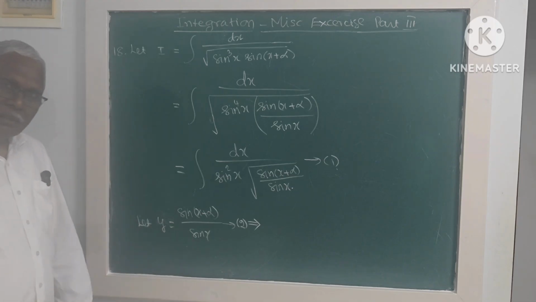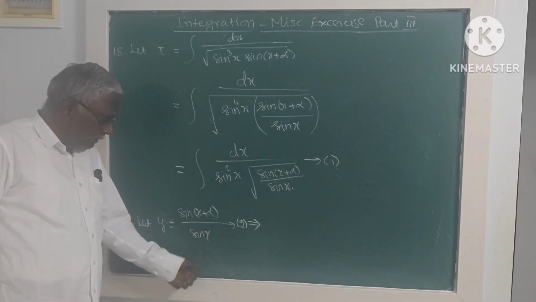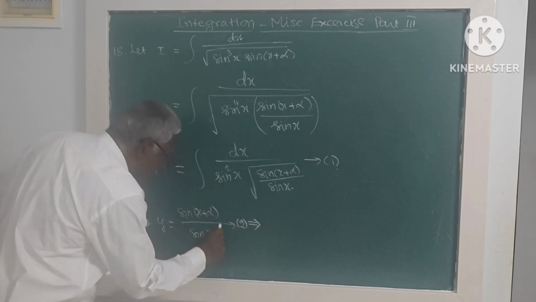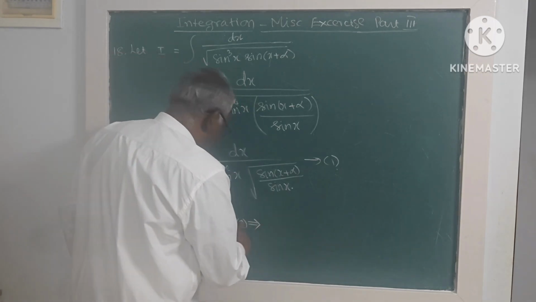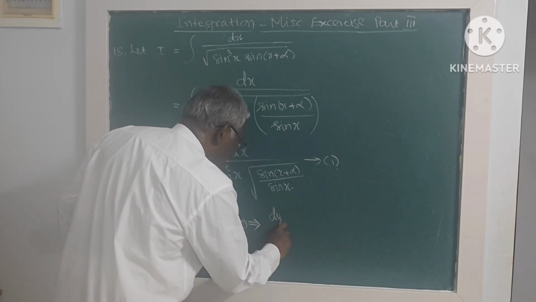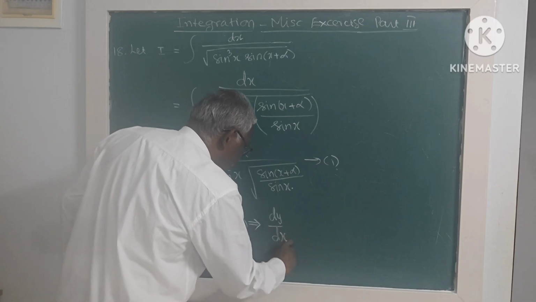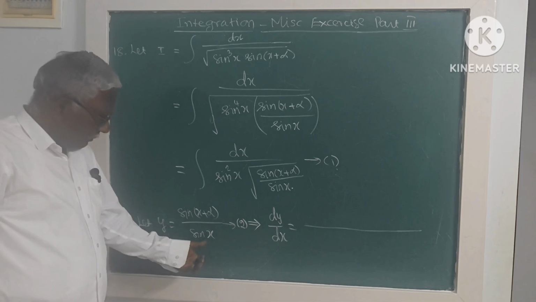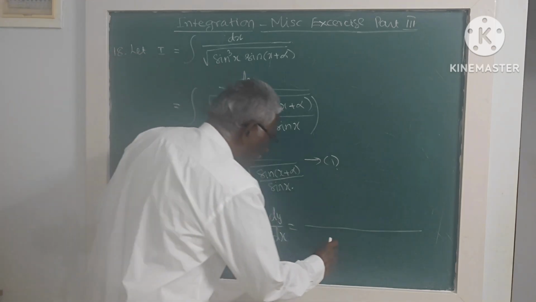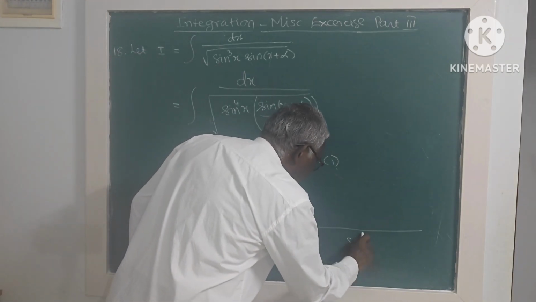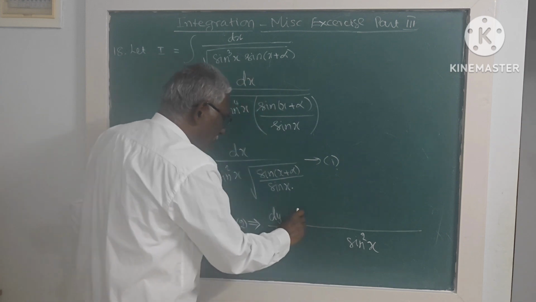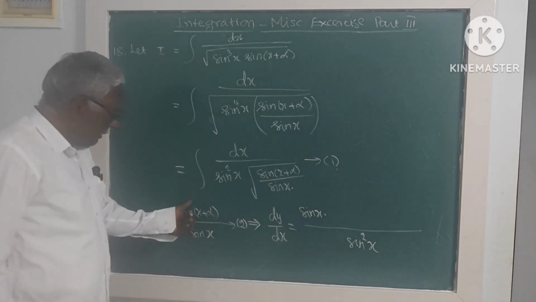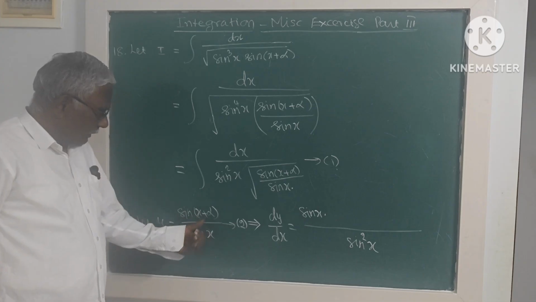If we differentiate, what will come? This is in the form of u by v. So v square, dy by dx is equal to u by v form: v square sine square x, v sine x into differentiation of u, that is sine of x plus alpha.